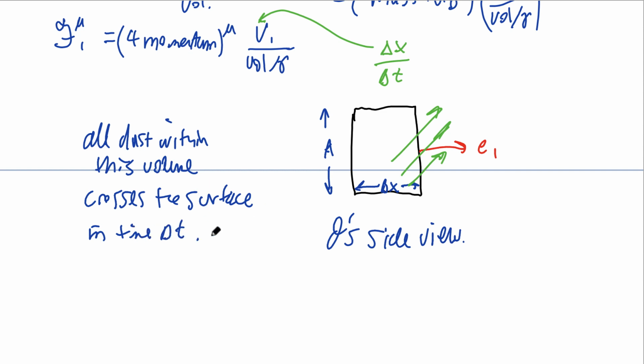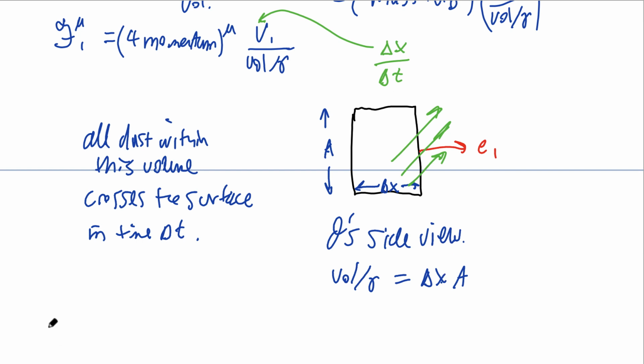And that's true because the dust is moving with component number 1 of velocity equal to delta x over delta t. So even the dust that starts over here on the far side of the packet has just enough time to reach that surface in time delta t. So what this diagram shows us is that the volume as seen by the observer O, this volume divided by gamma, is equal to delta x times A.